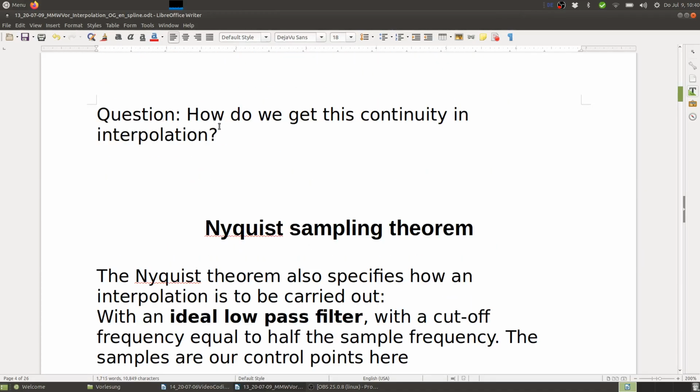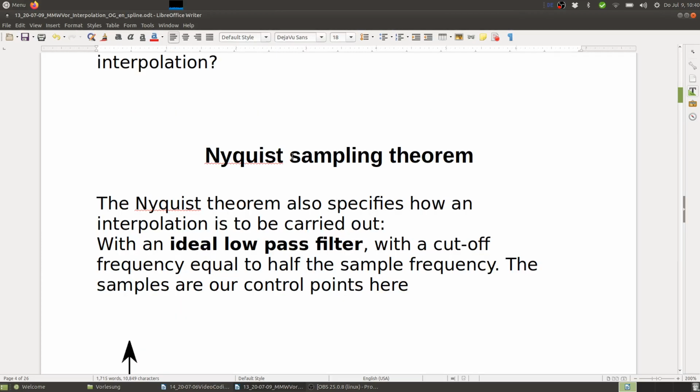So a question: how do we get this continuity in interpolation? And for that we have to go back to the basics. What does interpolation actually mean? And this leads us to the Nyquist sampling theorem, because this is basically also interpolation. Right? We have samples.